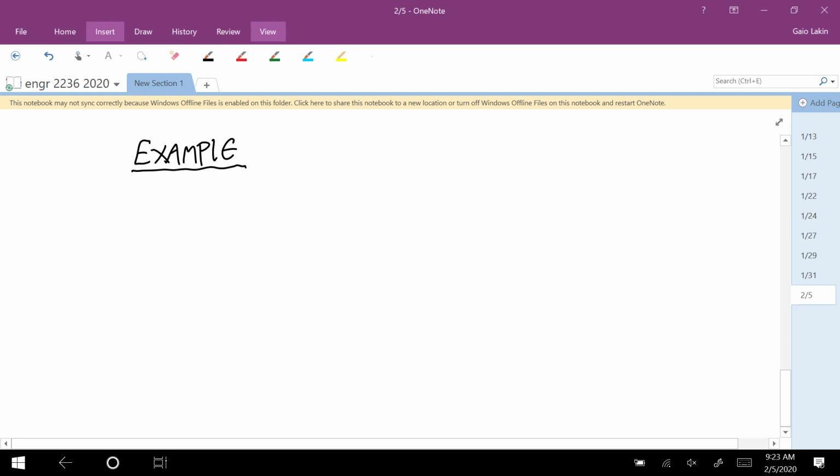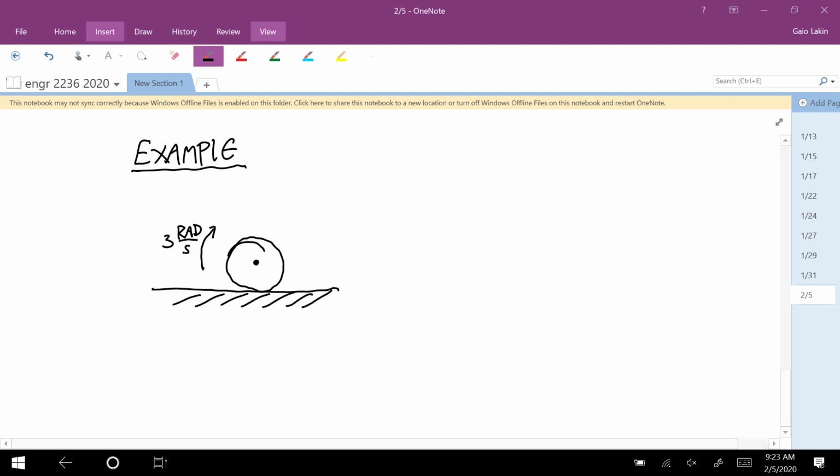Okay, so let's say that we have this thing rolling horizontally. And let's say that we have an angular velocity of 3 radians per second. And let's say that it's slowing down.